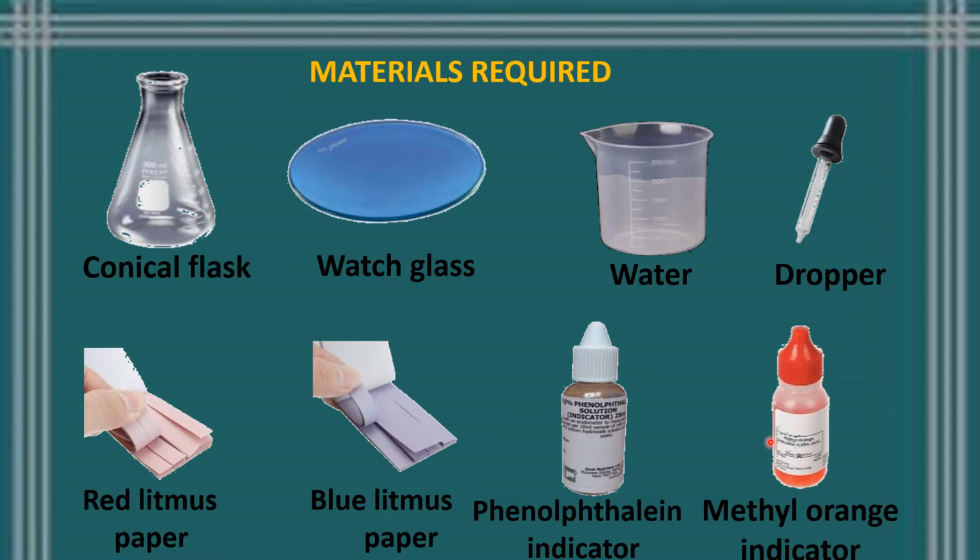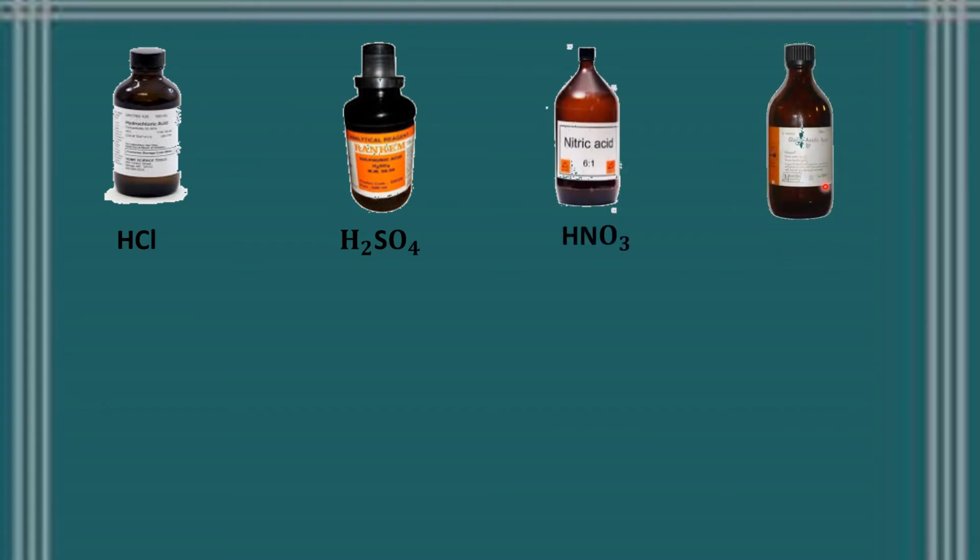So now we'll look at the dilute solutions also. Okay. See here I am showing the original samples. This is HCl. This is H2SO4. This is HNO3, that is nitric acid. And this is acetic acid.